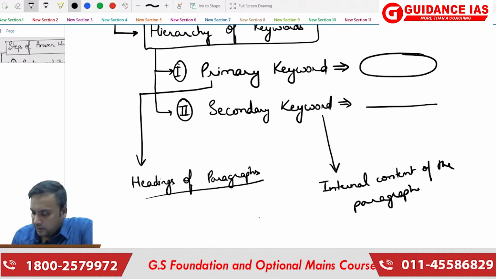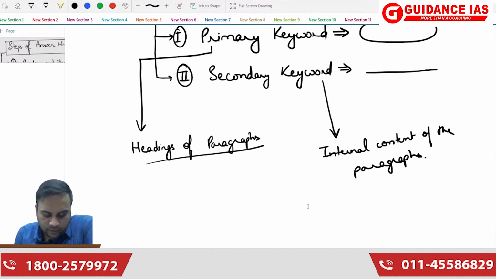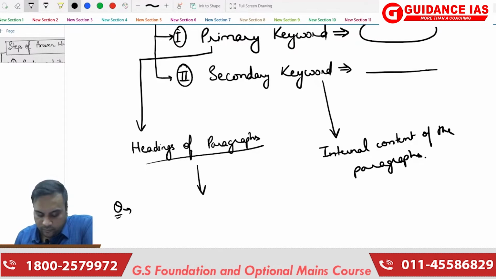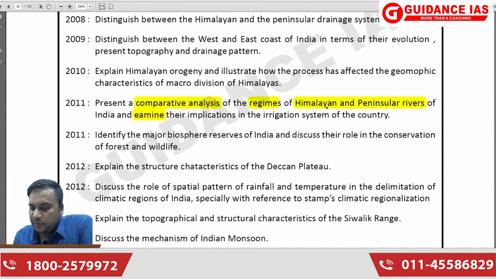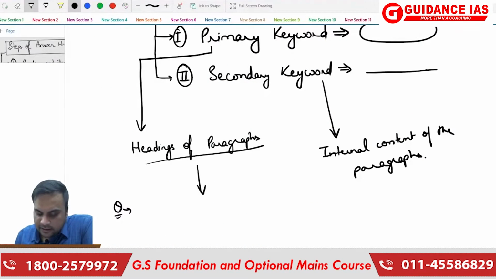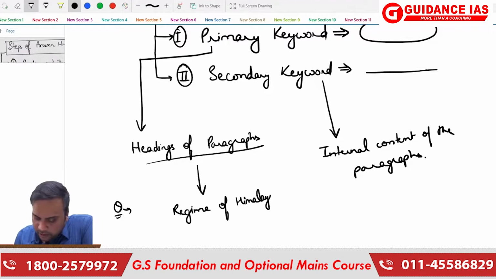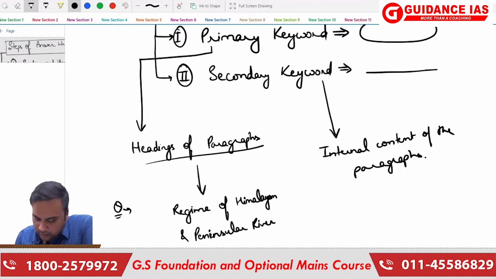In the example that we are taking, if I take the first question, "Present a comparative analysis of the regime of Himalayan and Peninsular rivers," the primary keyword is the regime of Himalayan and Peninsular rivers.